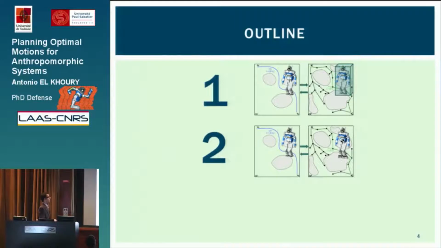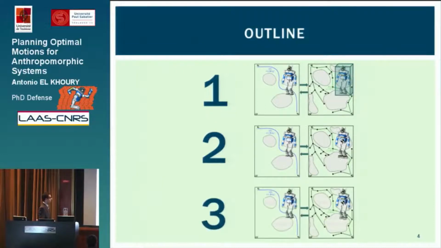And we can rely on a special implementation of RRT, or rapidly exploring random trees, to find a continuous path for such systems and then transform it through optimal control methods to a feasible trajectory on the robot. In the third part, we consider a different set of constraints where the robot can slide on a flat surface in its environment.